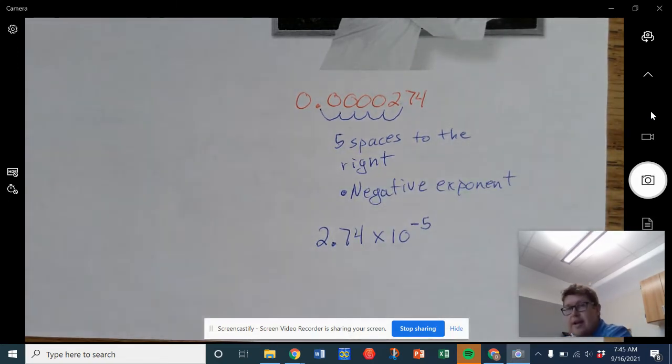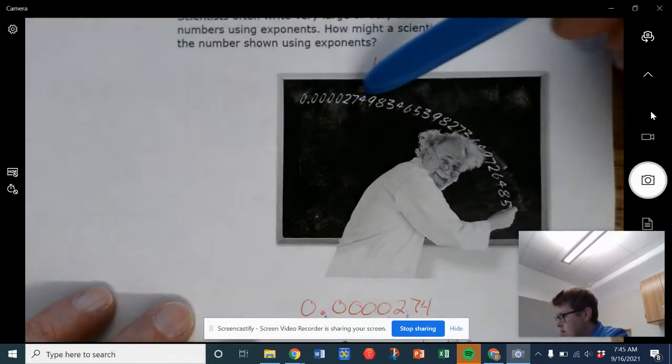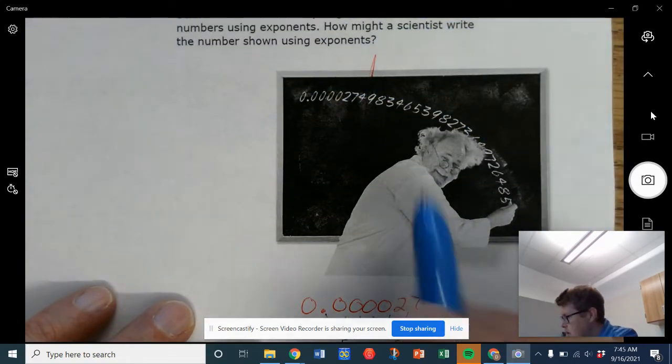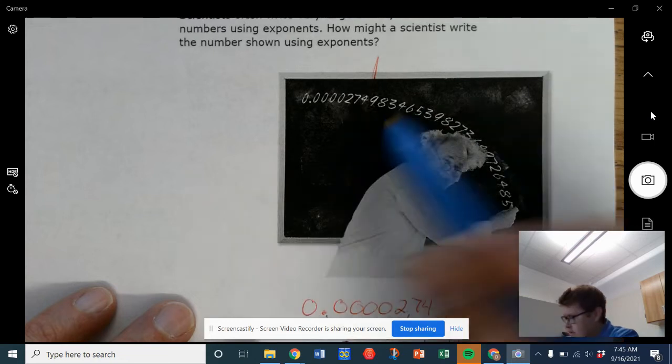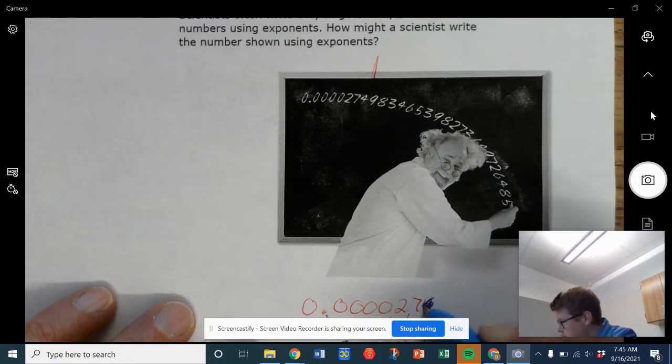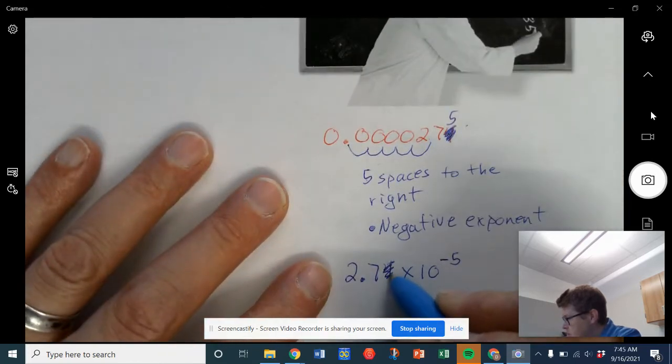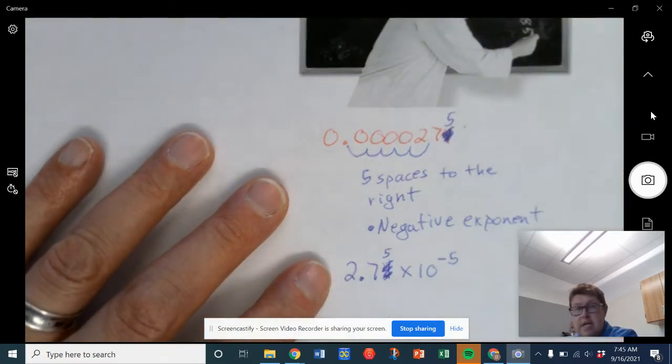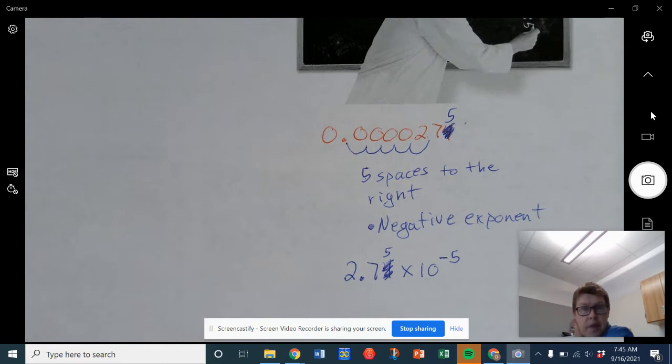Actually, we should round that to 5 at the end, sorry. That should be 275. So our end result should be 2.75 times 10 to the negative 5. That's the only thing I would change there.